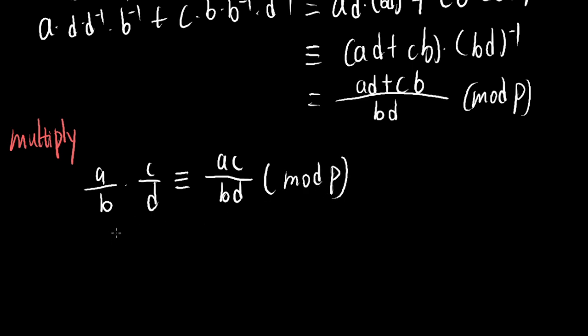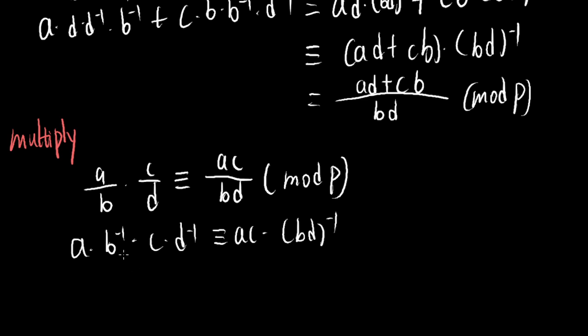And this is also not a trivial fact, because if we expand them clearly, it is a times b's inverse times c times d's inverse is equal to ac times bd's inverse, right?